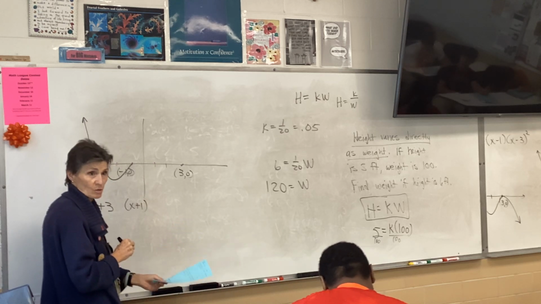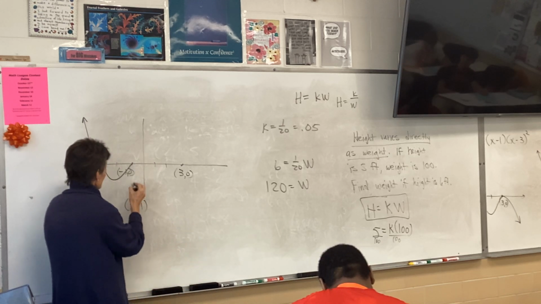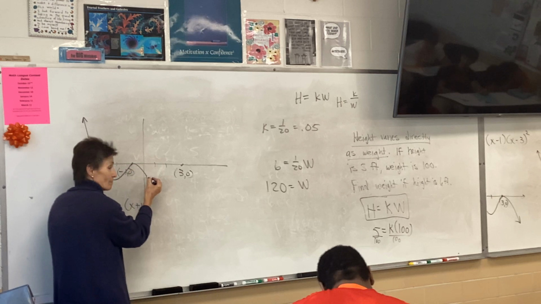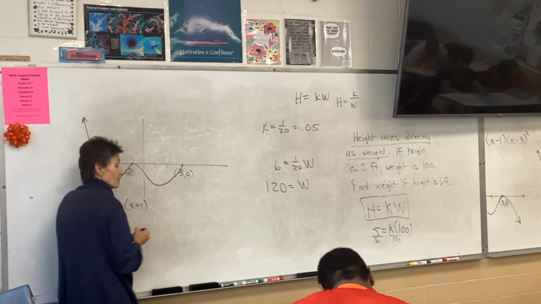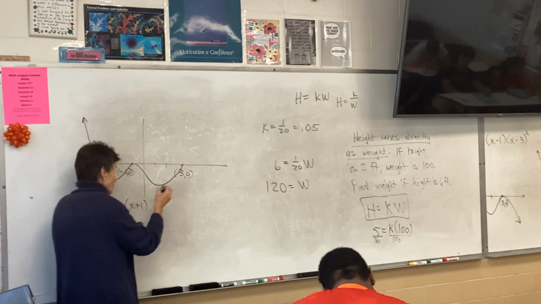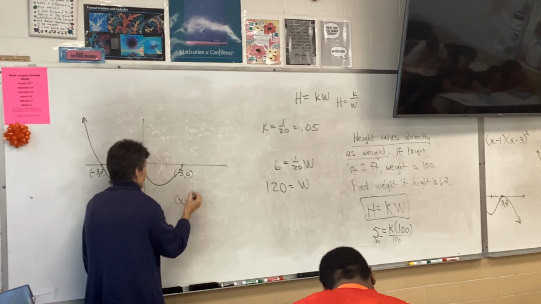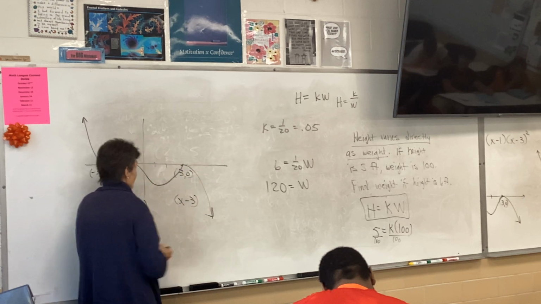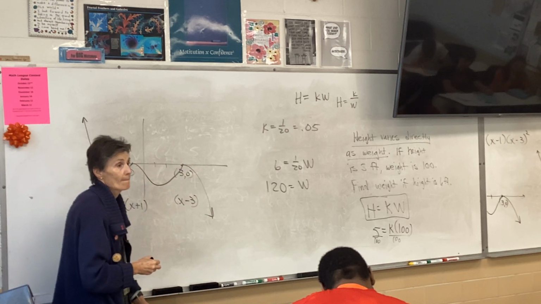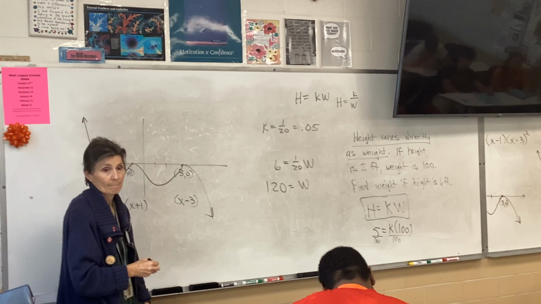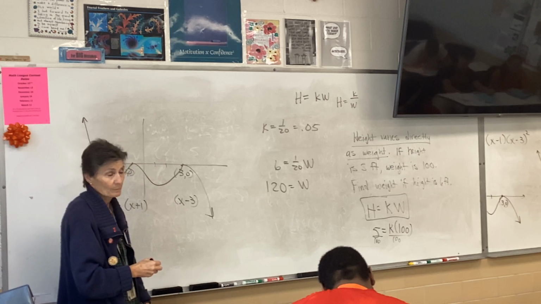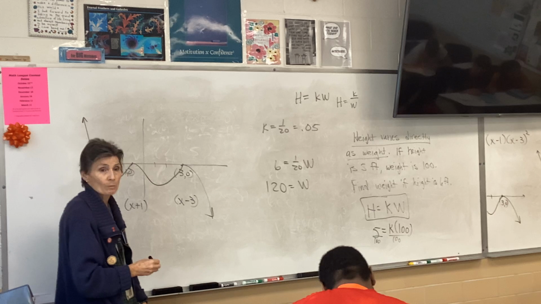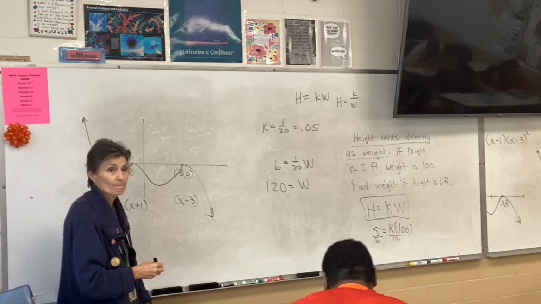That one is squared, so I'm going to bounce off. Connect to my next dot, which is also squared. So it's going to bounce off and head down. All right? So we feel like we're ready for that quiz tomorrow? Yep.